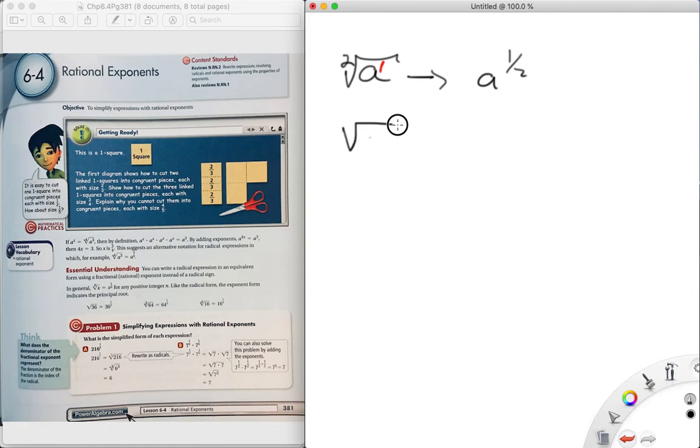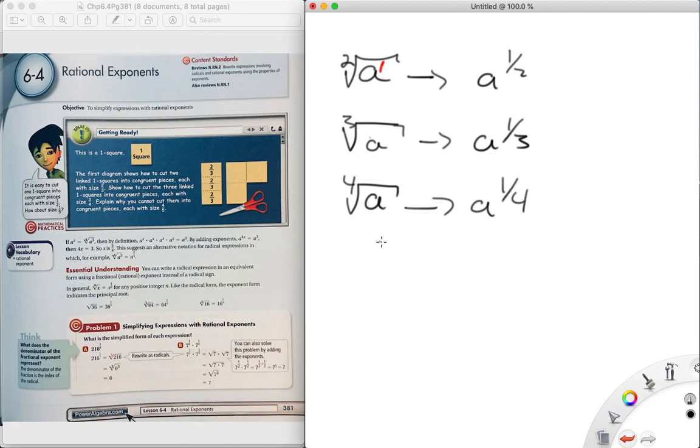What if we had the cube root of a? That would be a to the 1/3. Again, the index would be your denominator. A to the 4th root would be a to the 1/4. A to the 5th root would be a to the 1/5, so on and so forth.